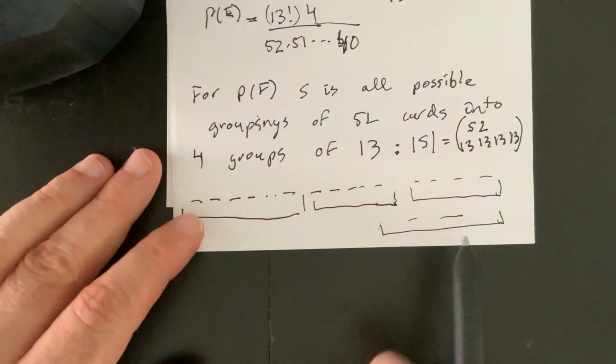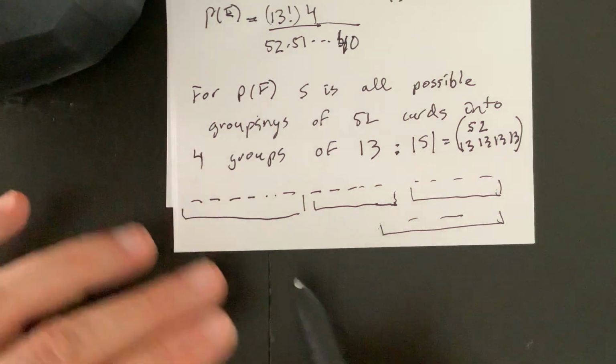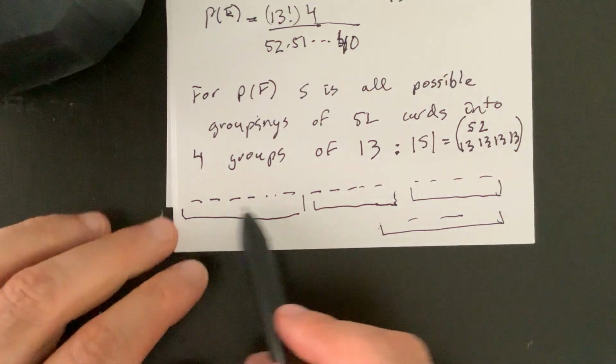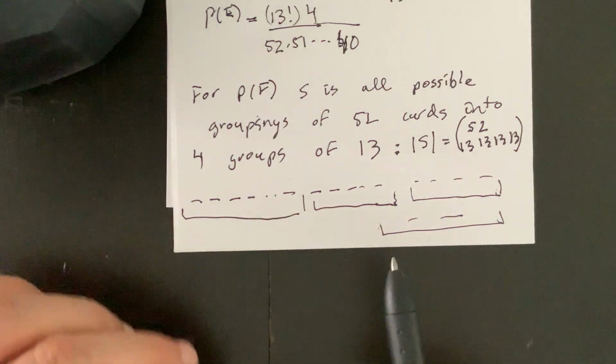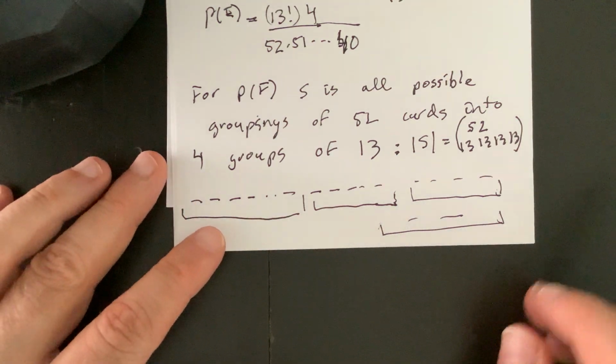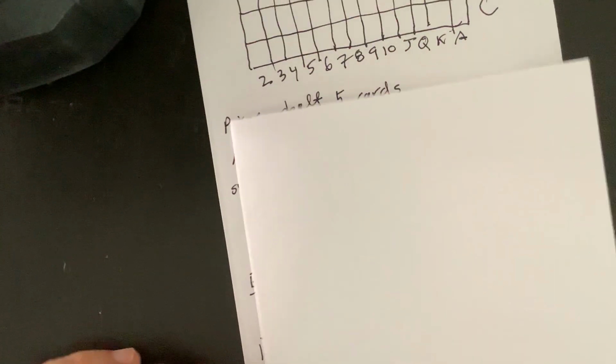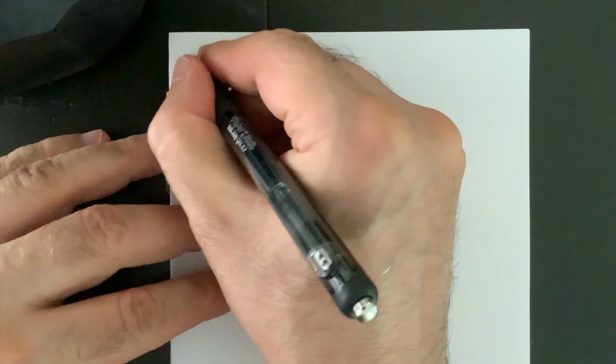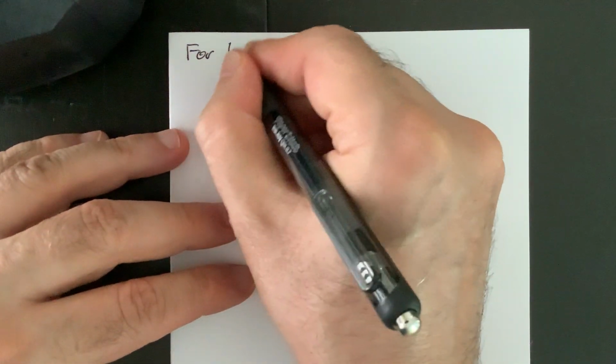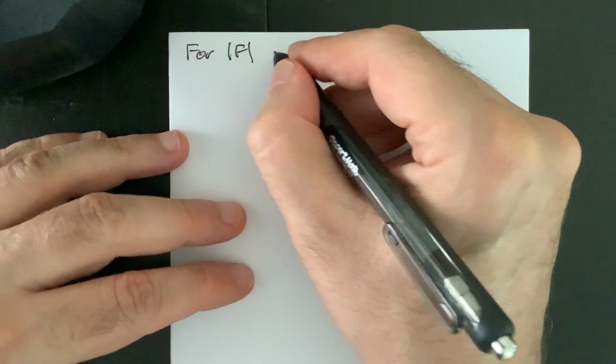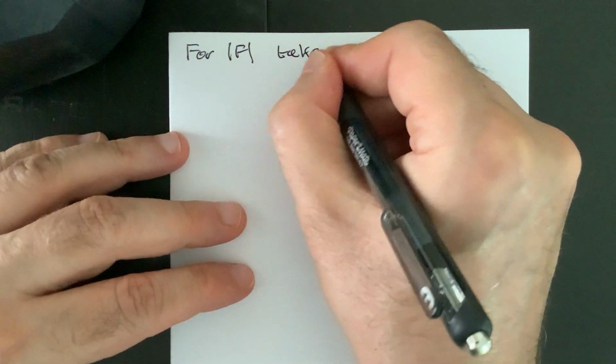So what's the size of all possible distributions of the cards into hands, where the order within the hand doesn't matter, such that everybody gets an ace? Well, the simplest thing, I think, is to just realize that, so for F, take out the 4 aces.